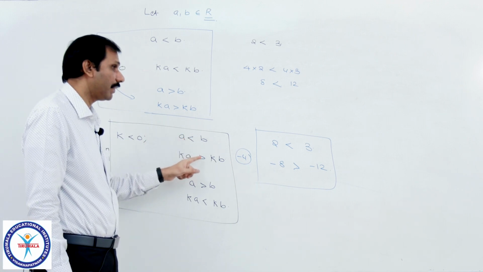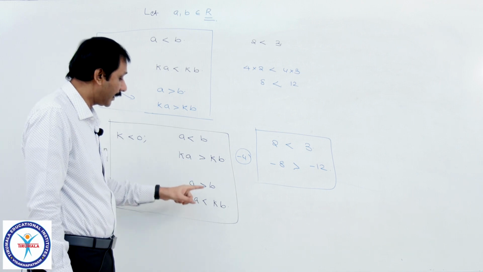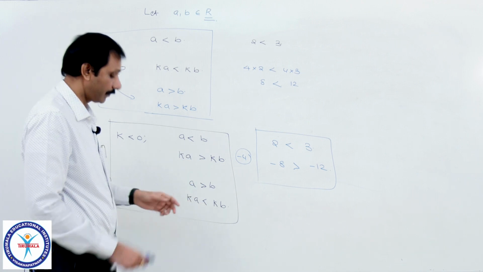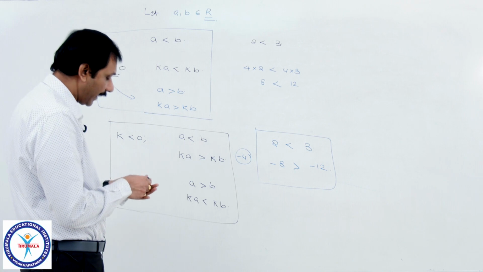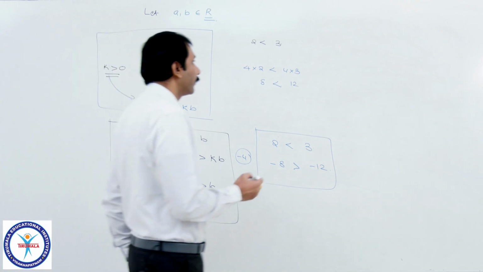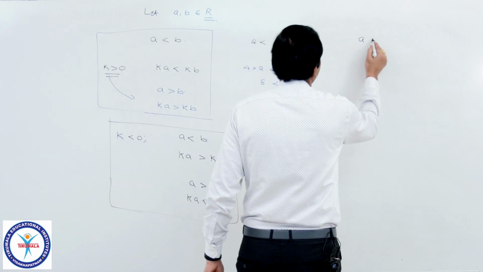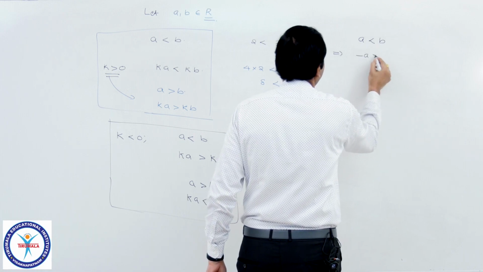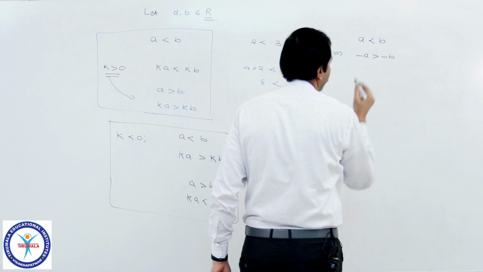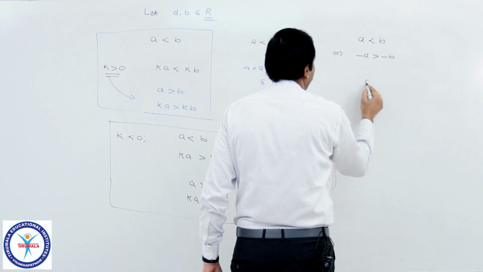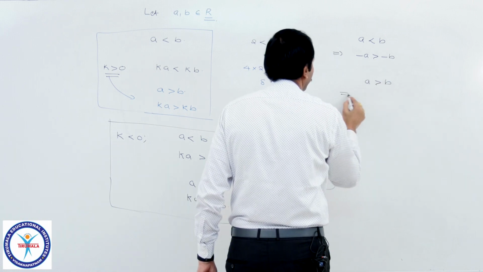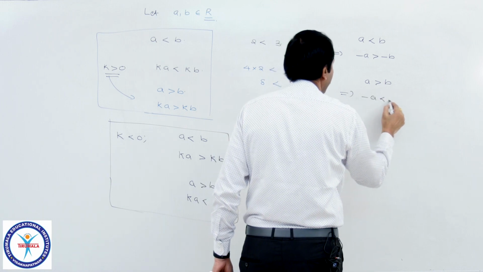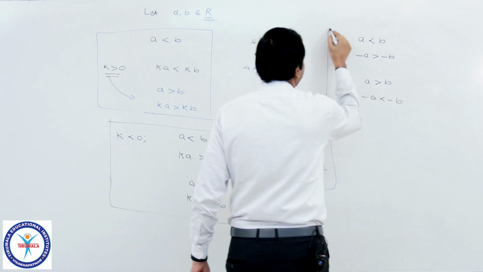That is, less than will become greater than and greater than will become less than. And more frequently we will be using, whenever a less than b, if I multiply with a minus sign, minus a will become greater than minus b, or if you take a greater than b, we will get minus a less than minus b.